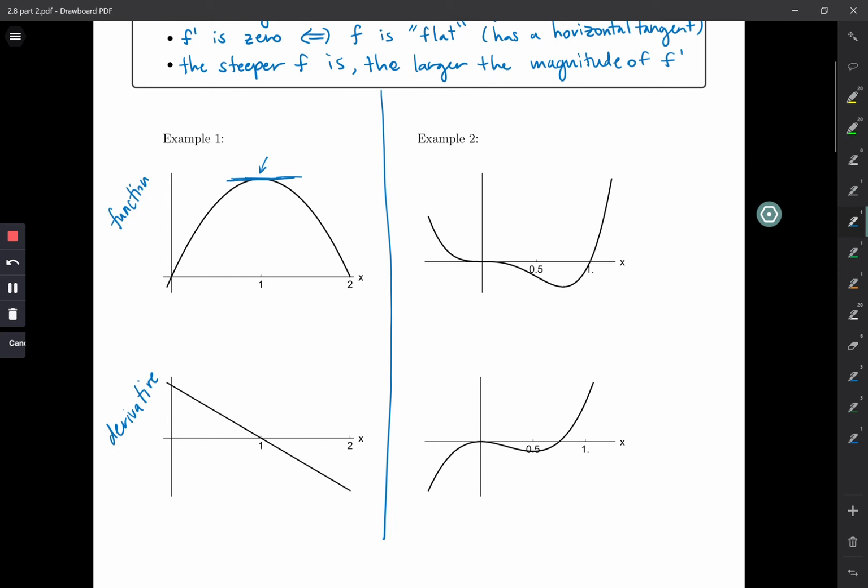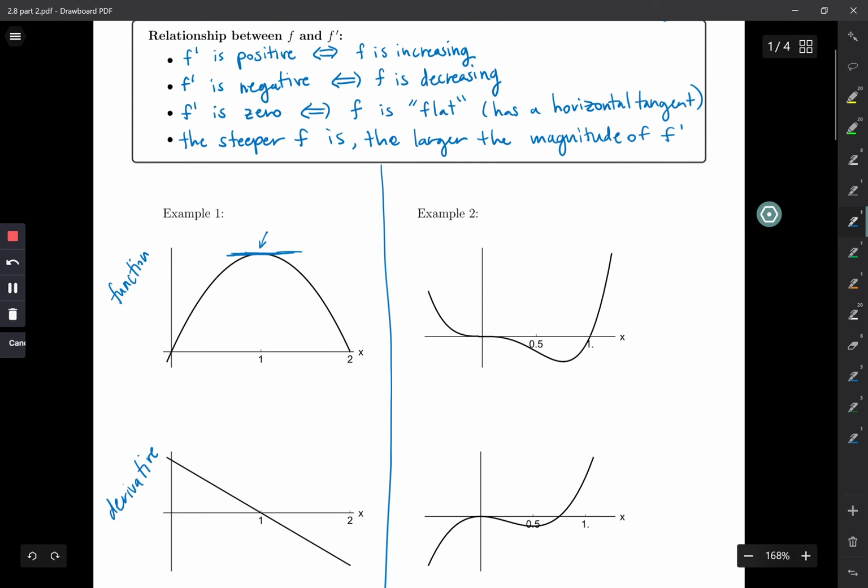So just looking at this function right here, I've already noted that it's flat at 1. So at x equals 1, we have a horizontal tangent. And so what that means, according to these facts that we've written down, is that the derivative is equal to 0.